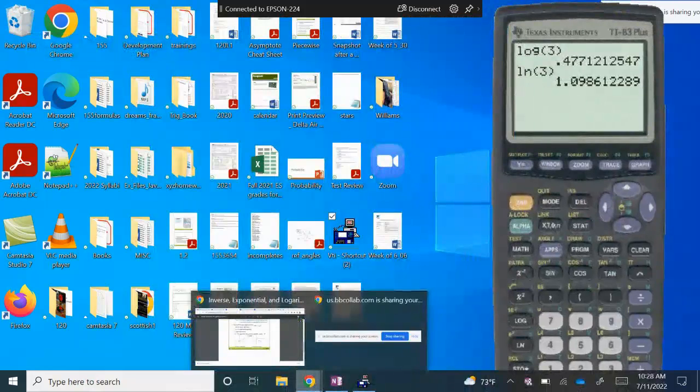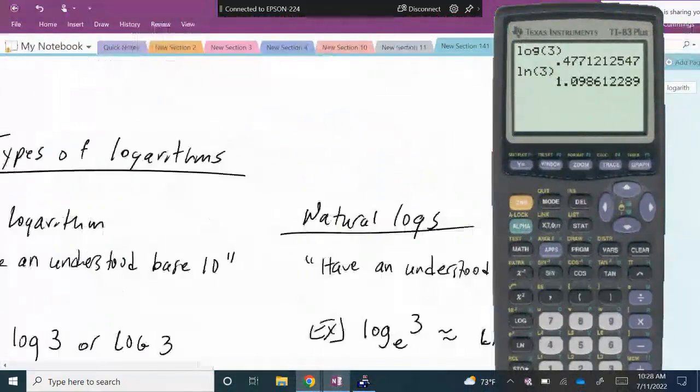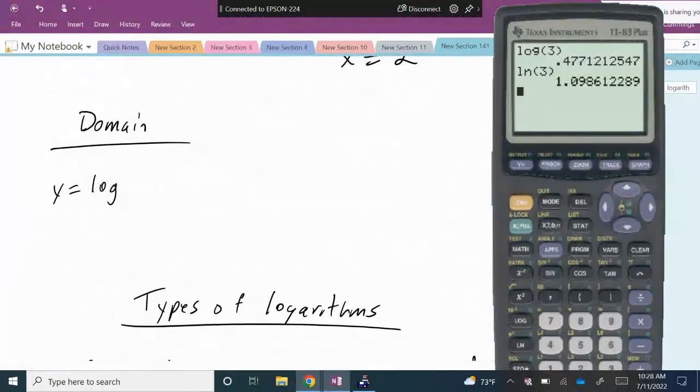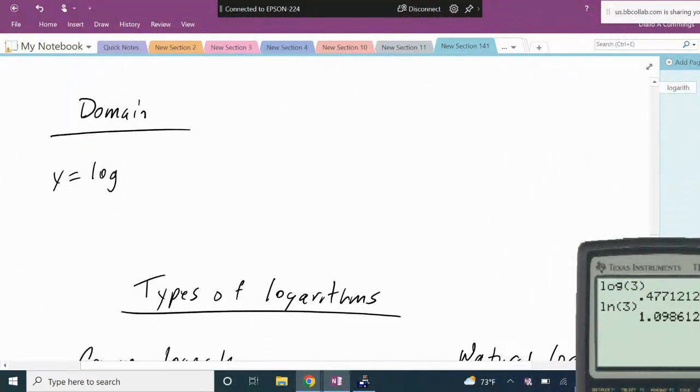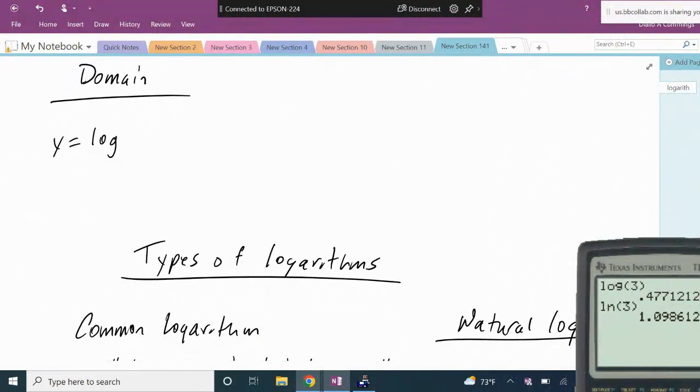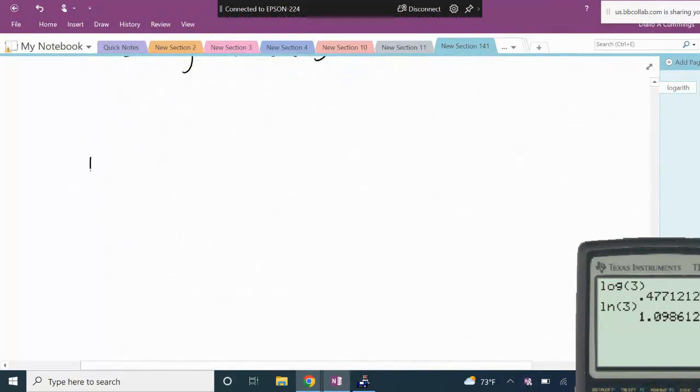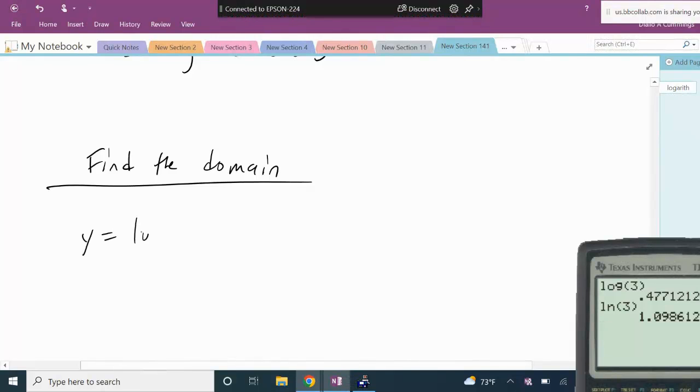All right, so now we're going to talk about domain. And I'm just going to move this down some. All right, so we're asked to find the domain for y is equal to log of 6 minus 2x.